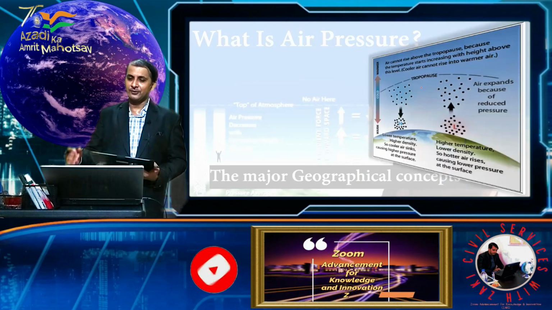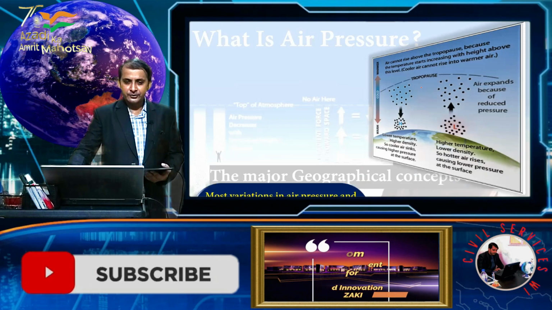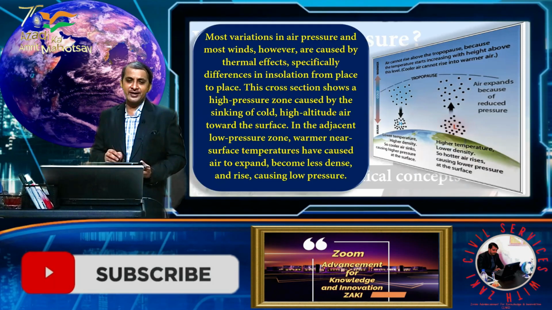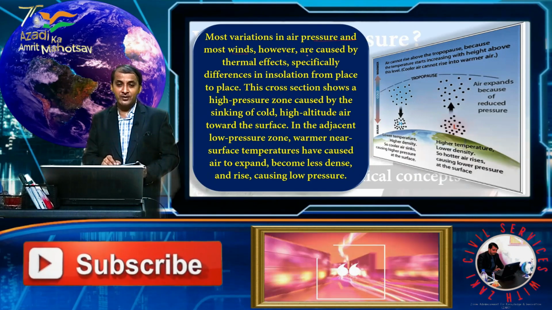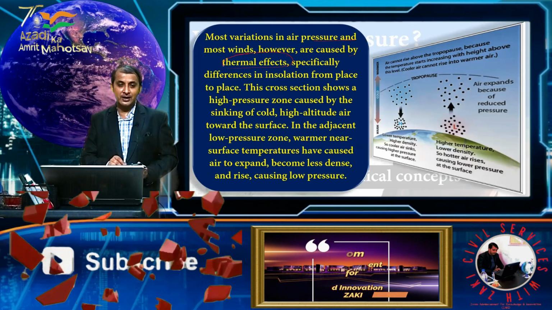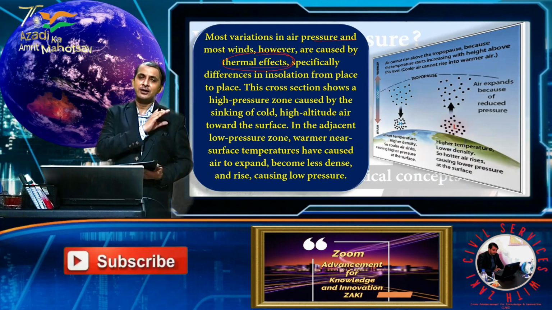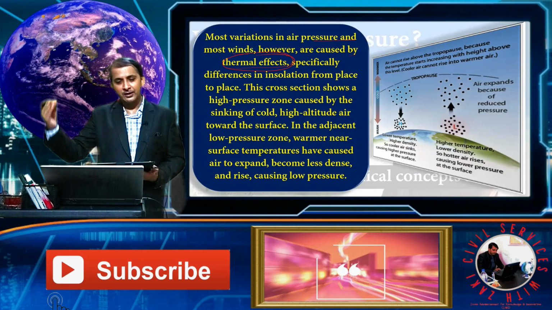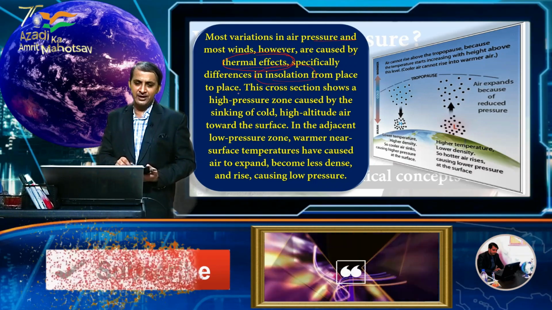Another thing is the various pressure belts across the globe. Most variation in air pressure and most winds are caused by thermal effects. As we know, insolation differs from place to place across the globe, so specifically differences in insolation from place to place.